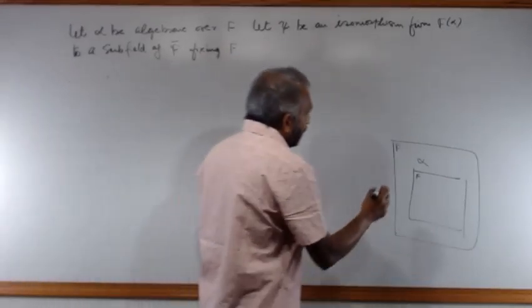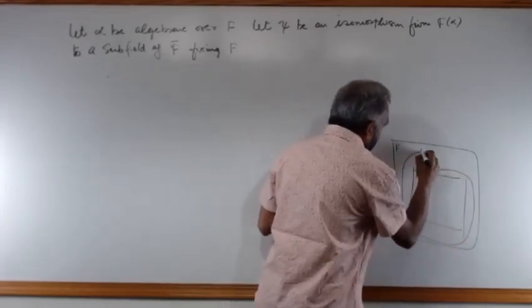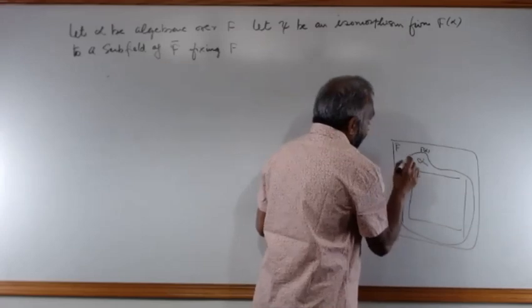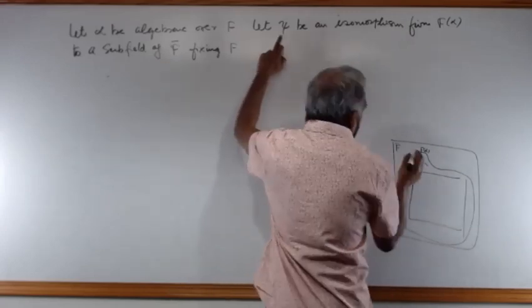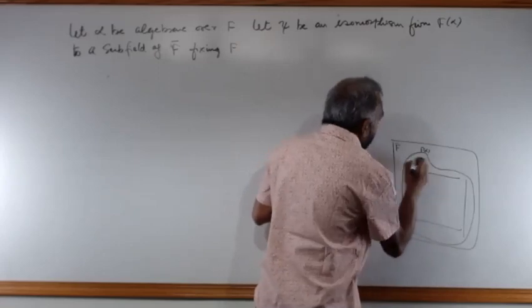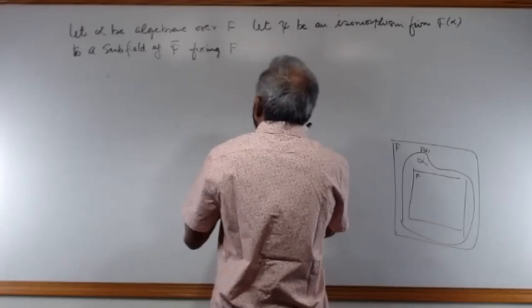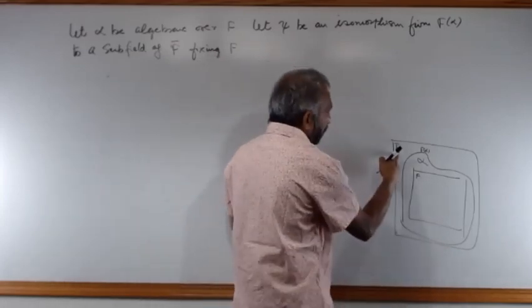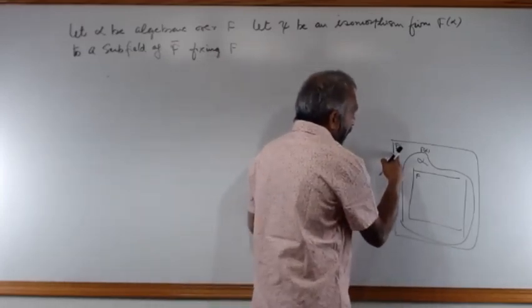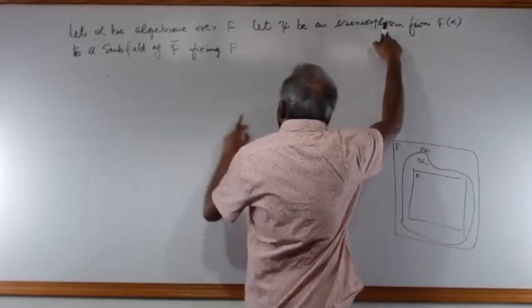Meaning there is a simple extension here. This is F alpha. This map is from F alpha to another subfield of F closure. And it is an isomorphism fixing F.